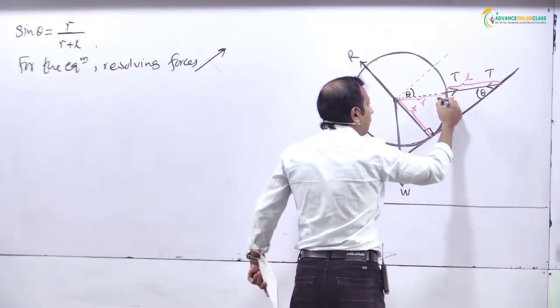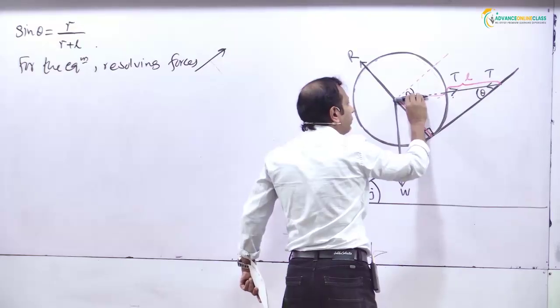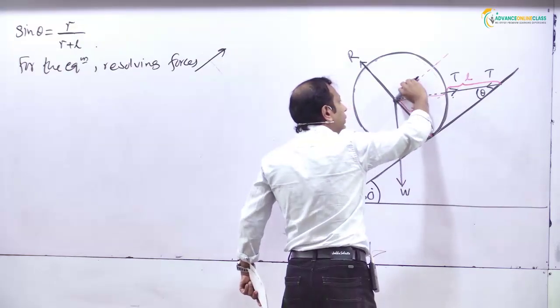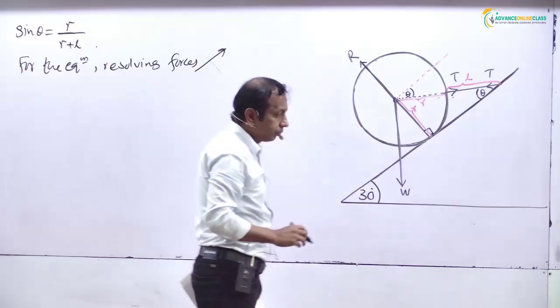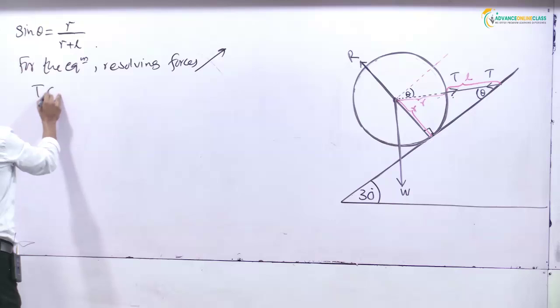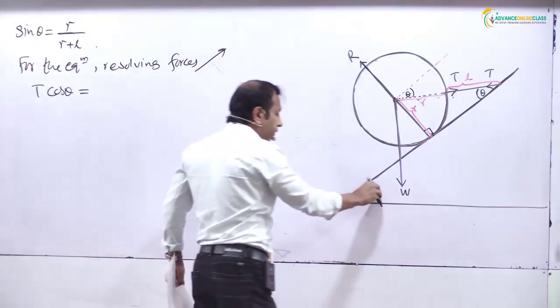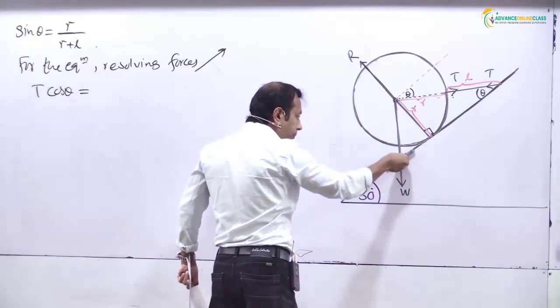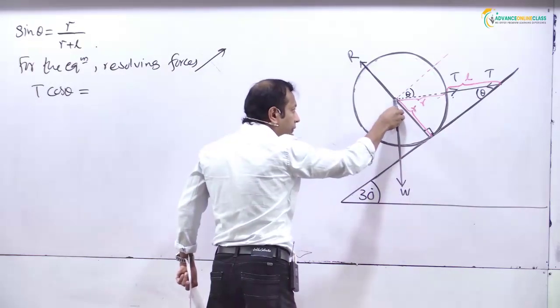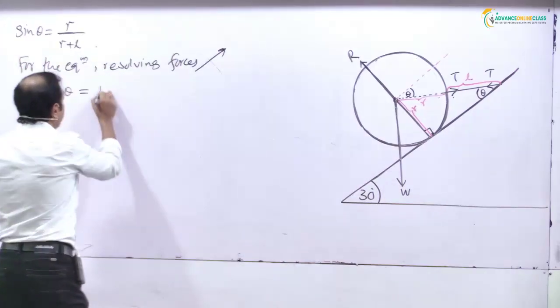What is the component of T? This way, T cos theta. T cos theta should be equal to what? If this is 30, parallel to the plane, what is the component of W? W sin 30.